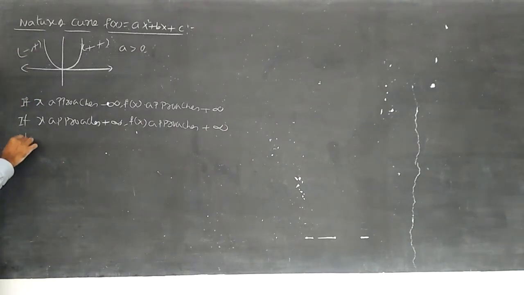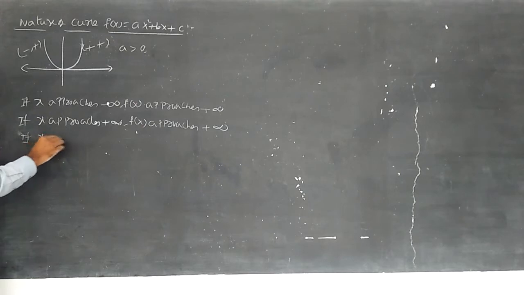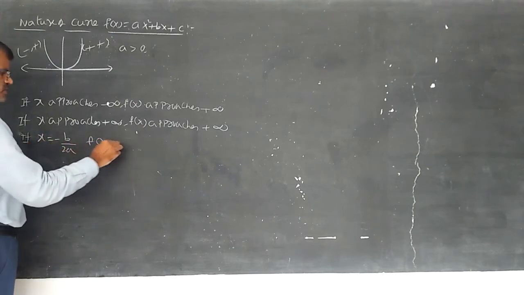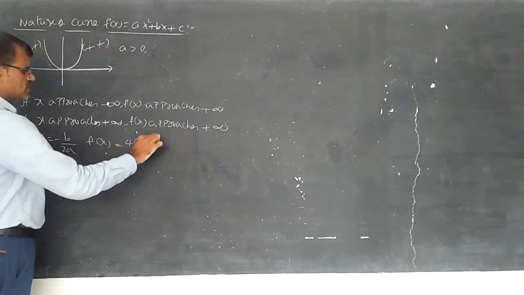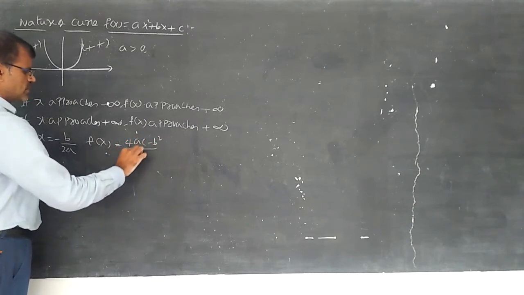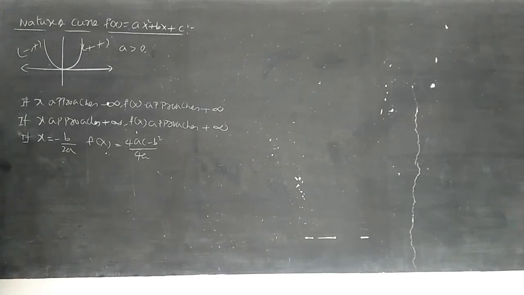And the third point, you can write: if x is equal to minus b by 2a, f of x is equal to 4ac minus b square by 4a.